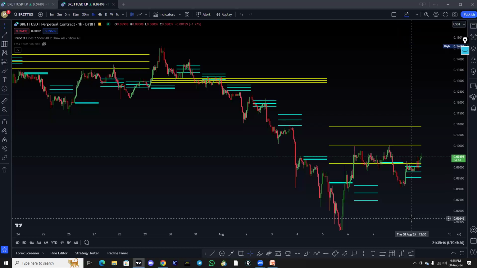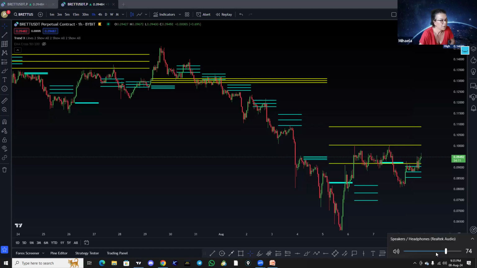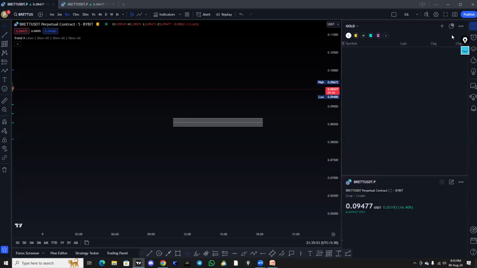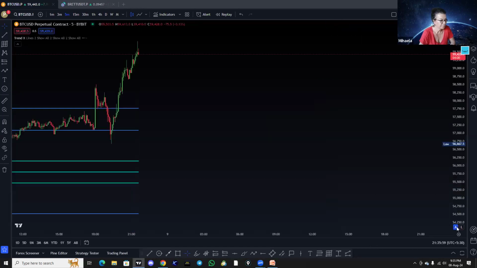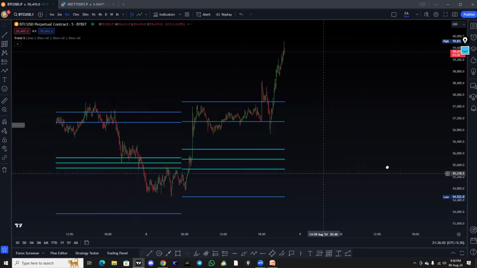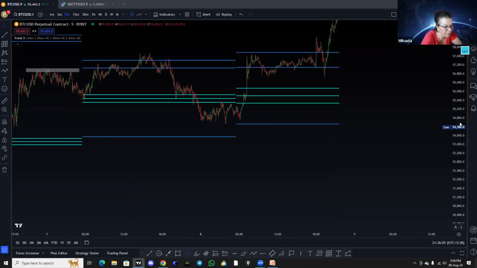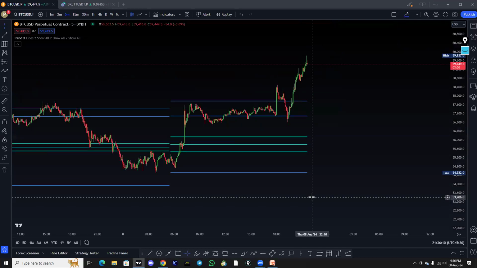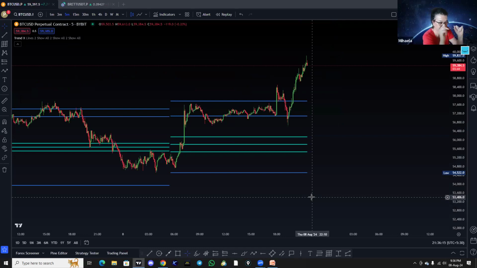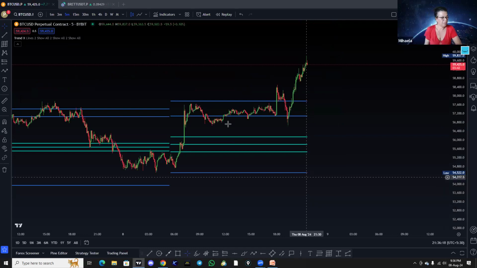Can you take the chart of BTC on 5 minutes, please? Yeah, sure. I'm very confused. I took a short today. First I took that zone, in the zone of previous day high.